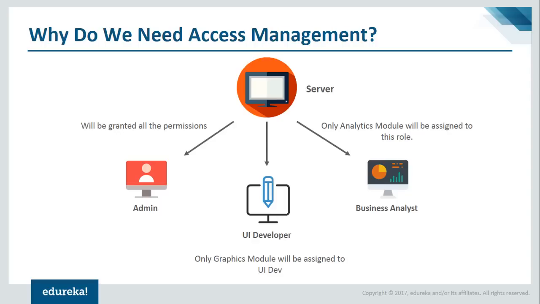So each and every user or each role will have specific rights assigned to them. This is done by policies which are in turn given by administrators. So this is what access management is: giving each role the specific rights that they deserve. And this is what we are going to accomplish today in AWS. So this is why we need access management.